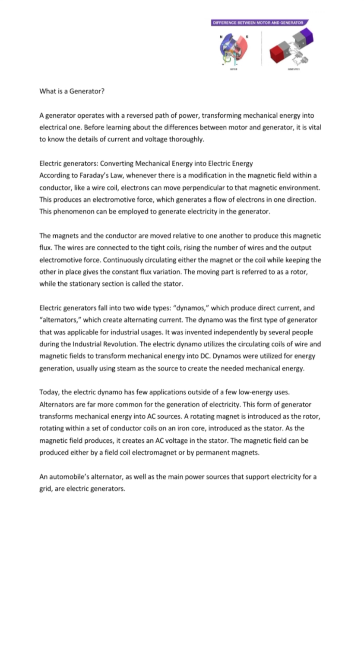The dynamo was the first type of generator that was applicable for industrial usage. It was invented independently by several people during the Industrial Revolution. The electric dynamo utilizes rotating coils of wire and a magnetic field to transform mechanical energy into DC.